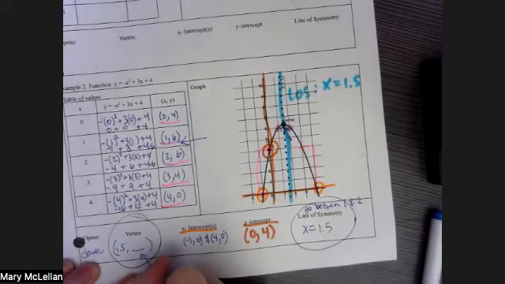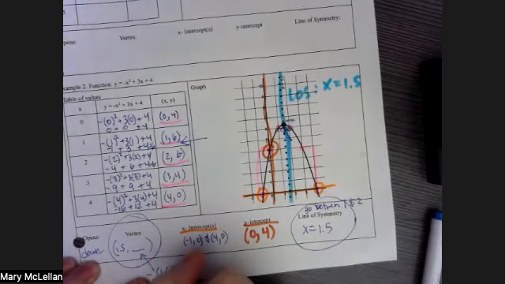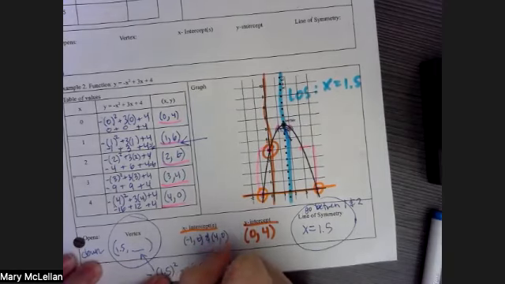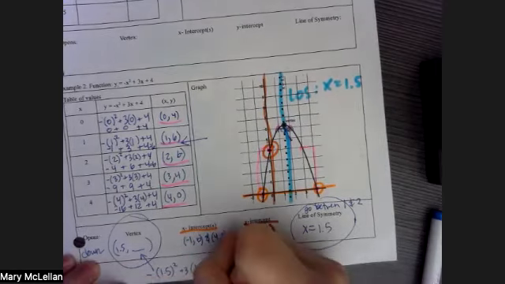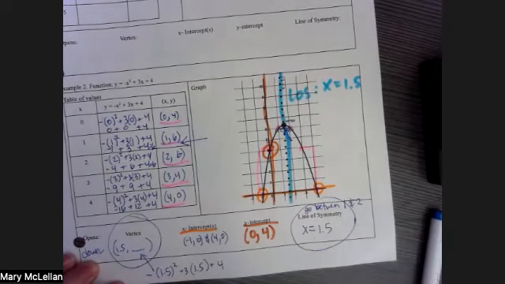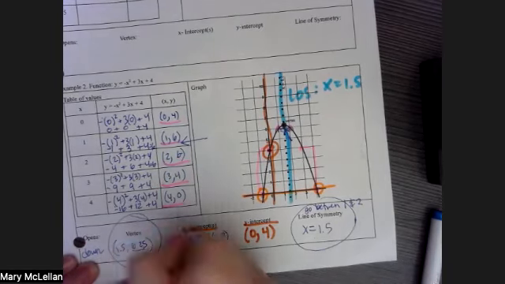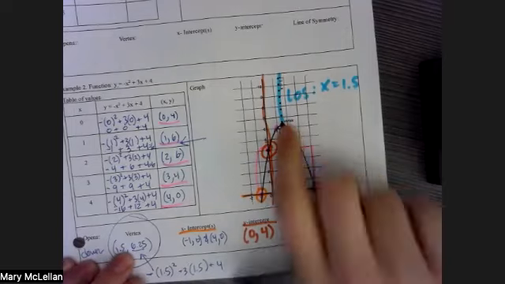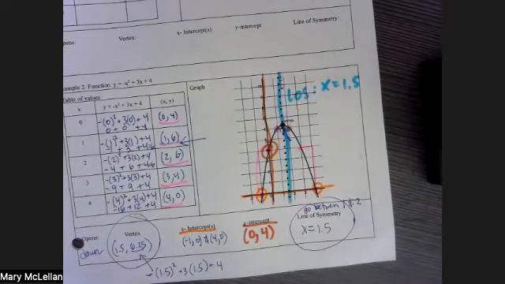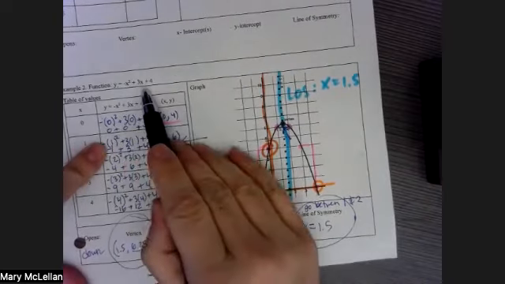And to do that, I do negative of 1.5 squared plus 3 times 1.5 plus 4. And if I plug that in, I get 6.25, which is the vertex.